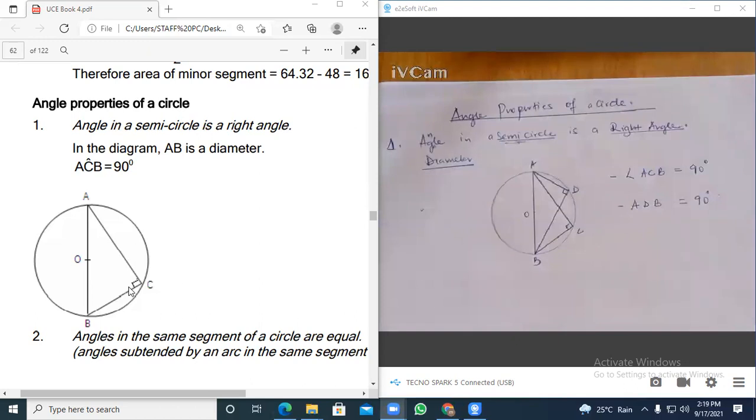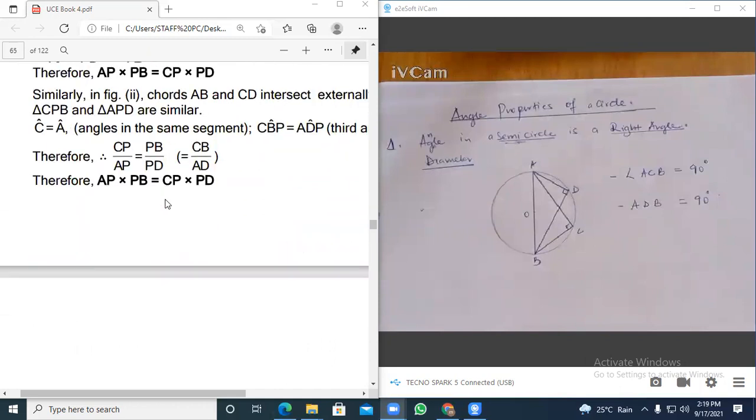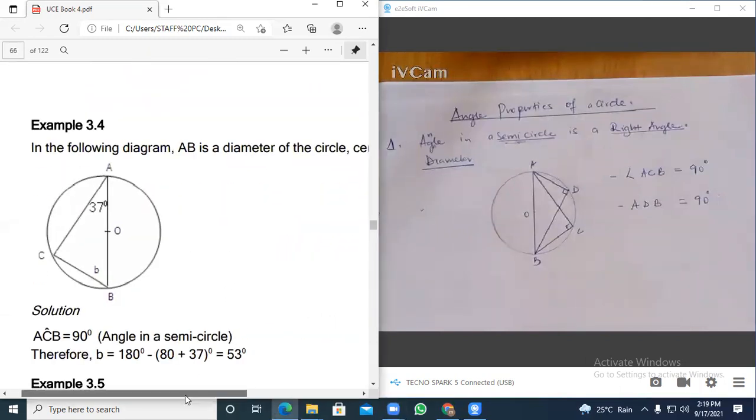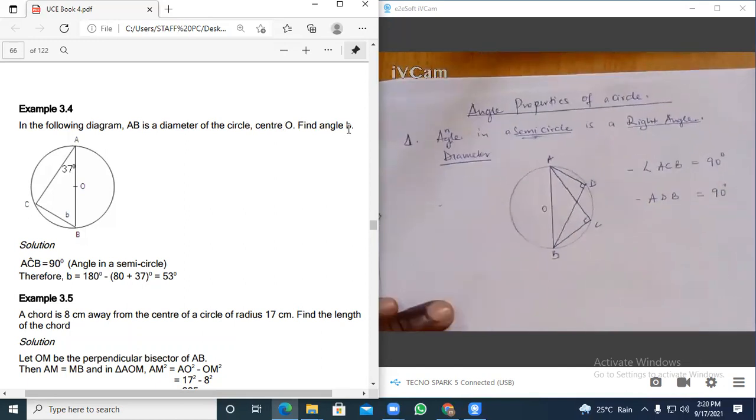So I'm going to take you to this example here. Example 3.4, somewhere here. Let's go to 3.4. Okay, example. In the following diagram, AB is the diameter of a circle, center O, find the angle B. So that's the first example.